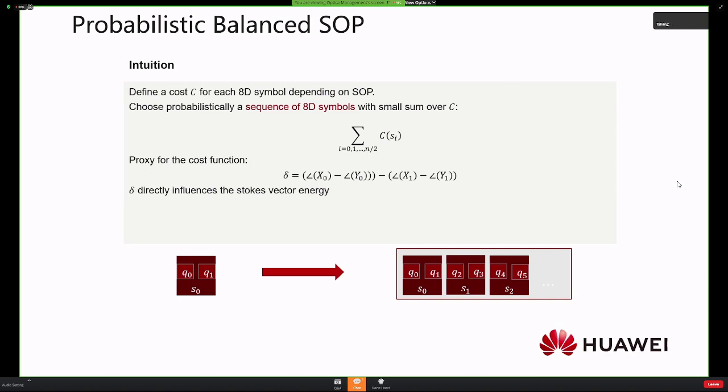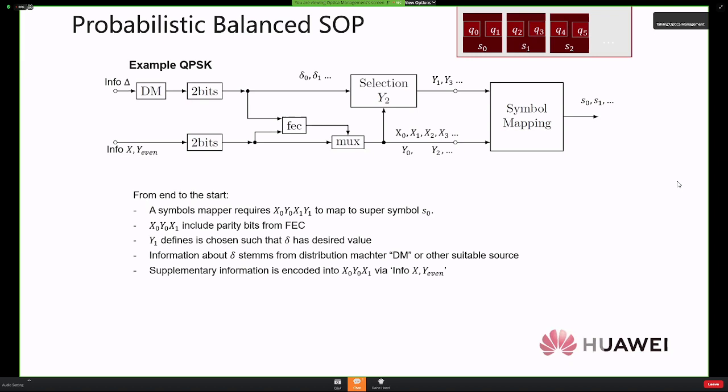Here we could also come up with a cost function, and use this delta to take not only one point from our set, but all of them, with different probabilities. We can build that with the tools we know from probabilistic amplitude shaping, and it's rather direct.